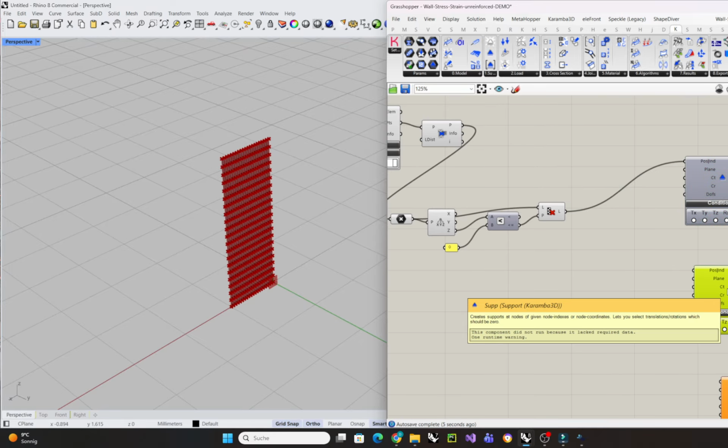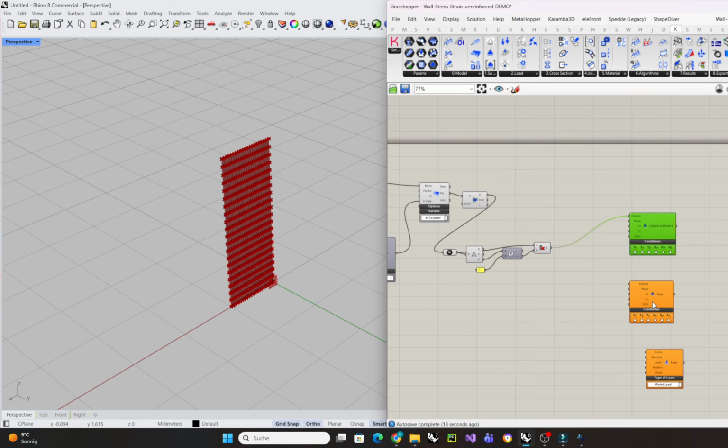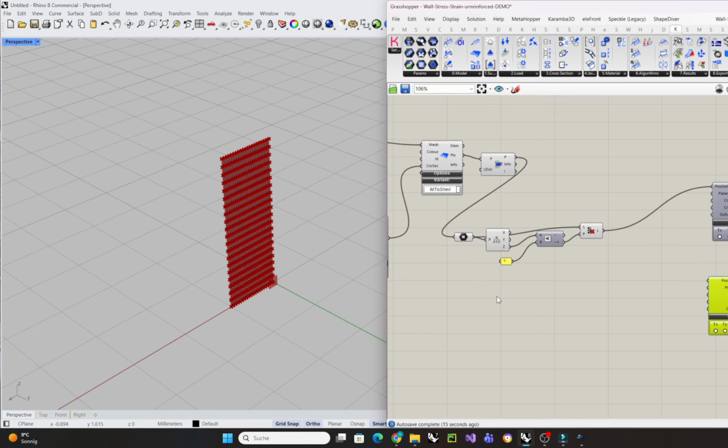For the upper supports, I also want to deconstruct the points.